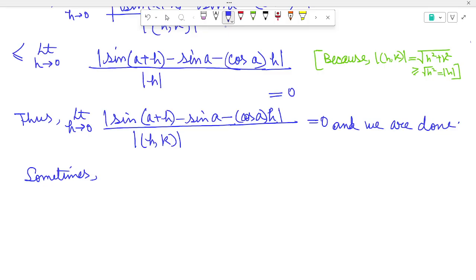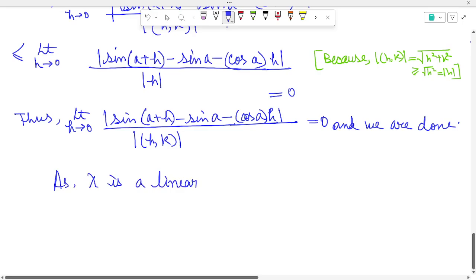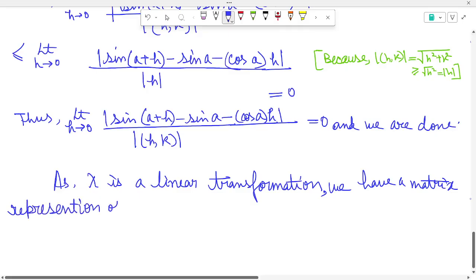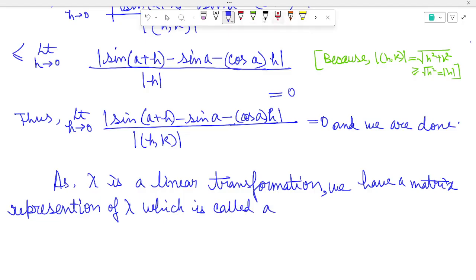So sometimes, not always, as lambda is a linear transformation, we have a matrix, a coordinate conversion with respect to the elementary basis vectors, the matrix representation of lambda, which is called the Jacobian matrix.